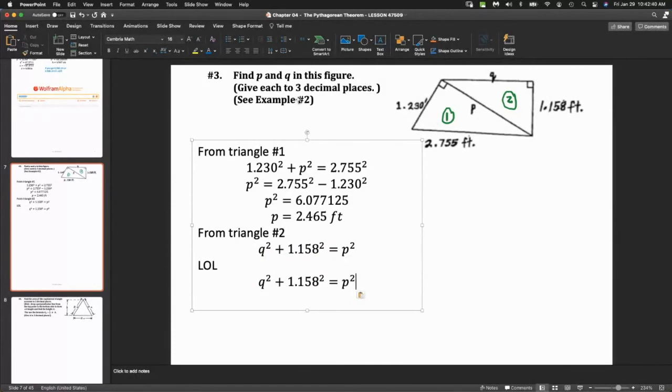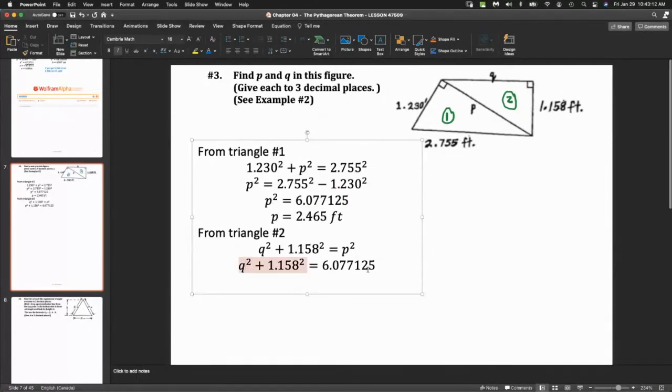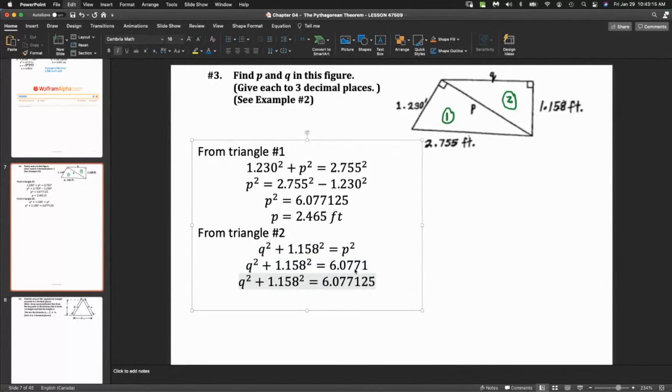The question here says 3 decimals. In reality, you should use extra decimals. Over here I have P squared, so I'm going to put this number in because it's P squared anyway. That's why I said lol. Instead of plugging in this number and squaring it, which seems kind of backwards, why not use this number, which is more accurate? So that's what I did there. And now it's a matter of just, whoops.